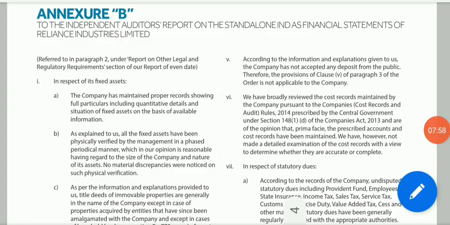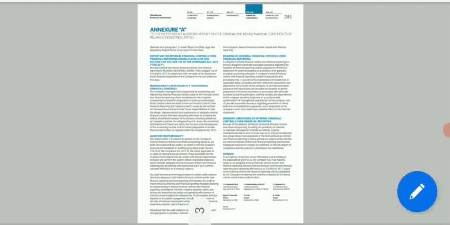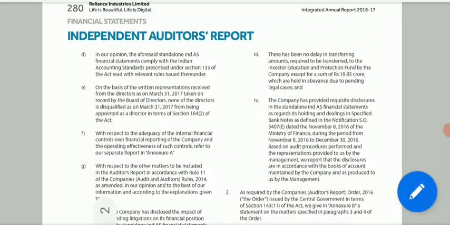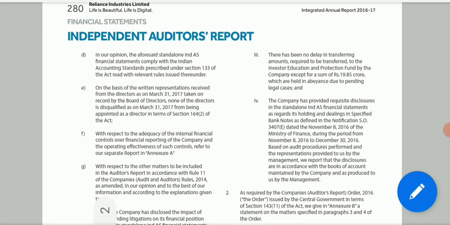So have a look at this, guys. This is a real audit report of Reliance Private Limited, and as you have already studied the applicability, why are the provisions of CARO 2016 applicable to Reliance Private Limited? The Private Limited was an exception, right? Why? Because there were three conditions. First condition was that paid up share capital plus reserves and surplus should be less than 1 crore.